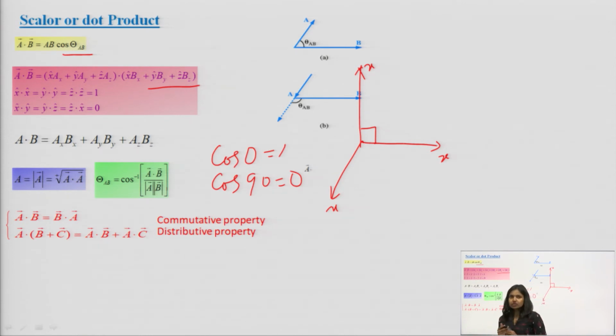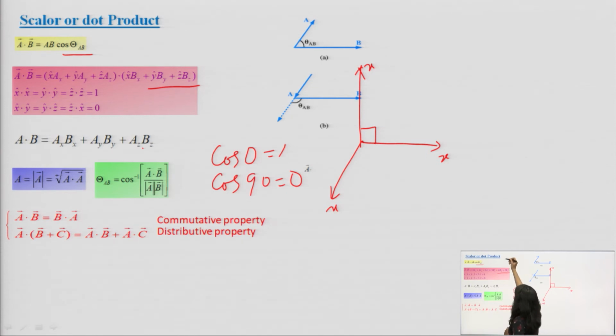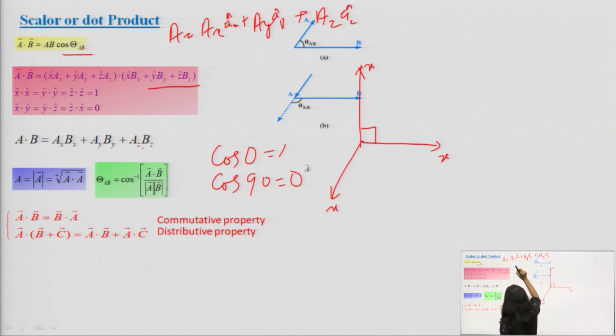If there are two vectors, then the dot product will appear as this. Corresponding components, as for example, if we write a as ax, ay, az, where this is the coefficient which shows the magnitude of the vector and this is the unit vector which shows the direction of the vector.